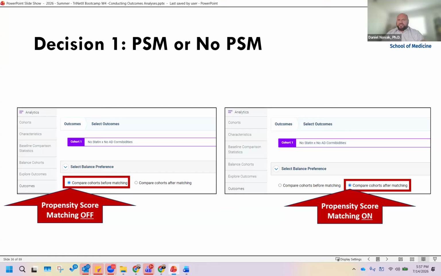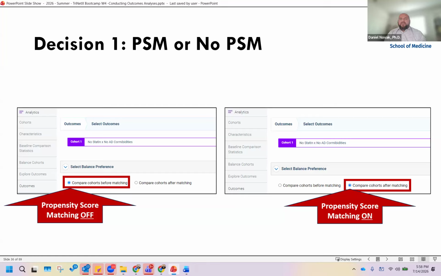It's very, very rare, unless you're doing very specific age ranges, that you're not going to have a statistically significant difference between the two groups by age or ethnicity or anything like that. So there's almost always going to be some source of bias that you're going to need to use propensity score matching for. However, there are times, consult your local statistician or TriNetX expert, there are times where you might want to run your propensity score model off.